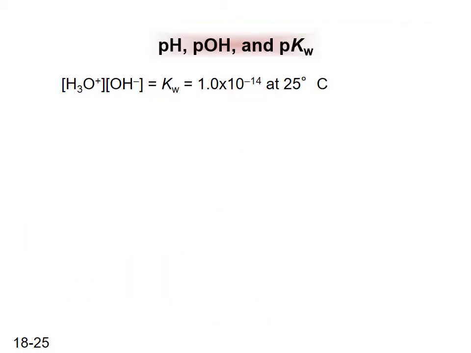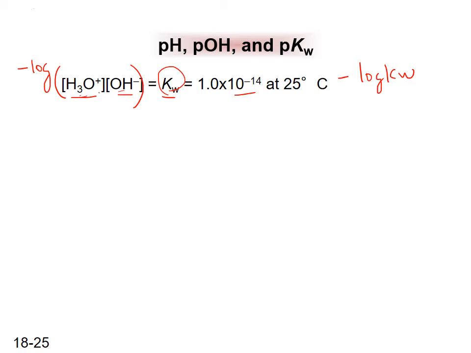As we already know, the product of hydronium ion and hydroxide ion concentrations is Kw, which is 10 to the minus 14. If we apply negative log on both sides, the right side becomes negative log Kw. The left side is the negative log of the product of two concentrations, one hydronium ion, one hydroxide ion.